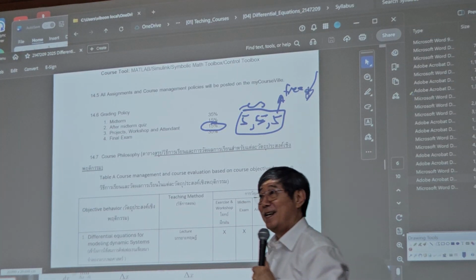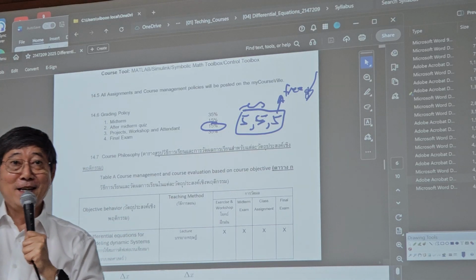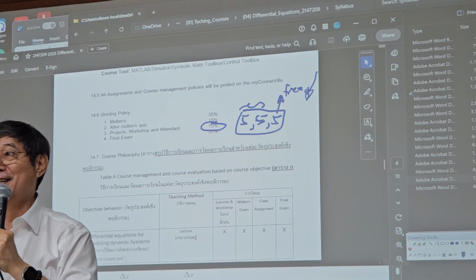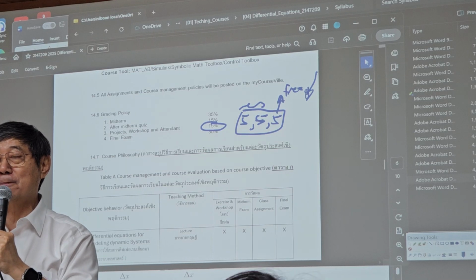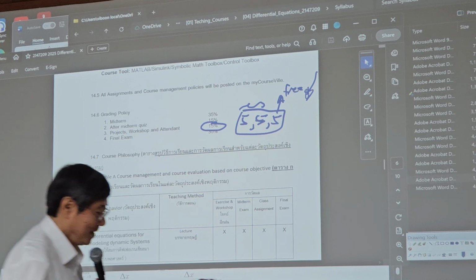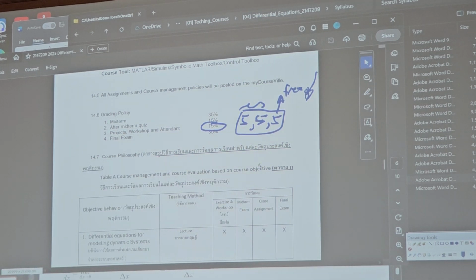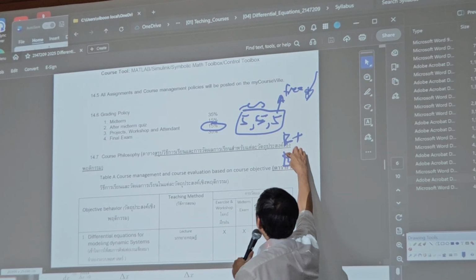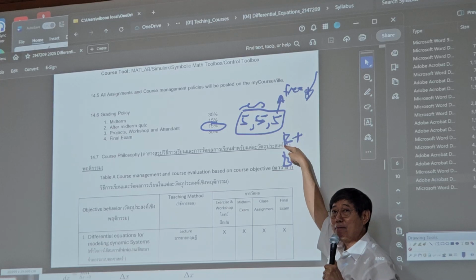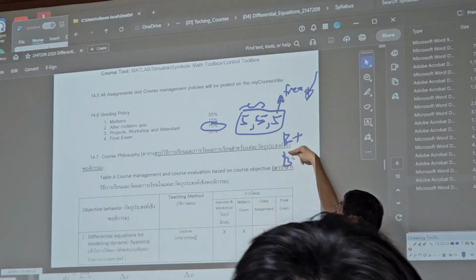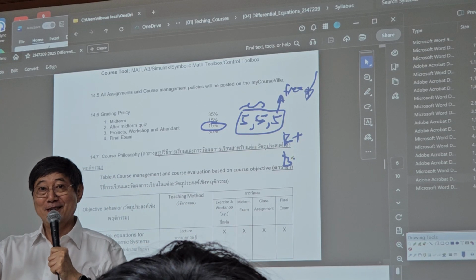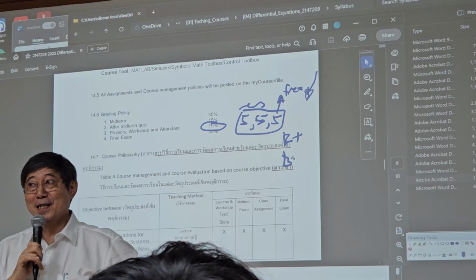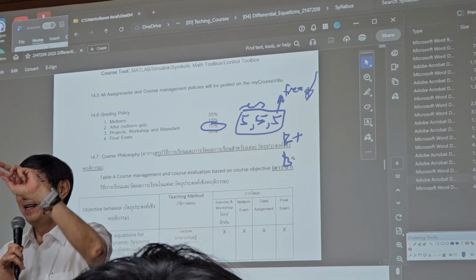And you know the grade range. For a normal score distribution, let's say B to B plus, the maximum of B and the minimum of B plus sometimes differ by only 2 marks. You may ask whether 5 marks is important.